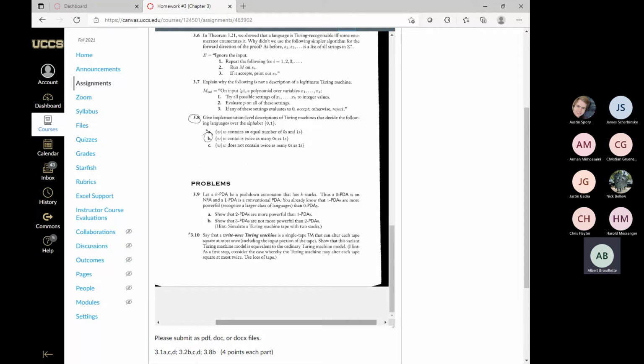You don't have to do that, but you should describe what the initial content of the tape is, and then what your steps are. Do you have pound signs or dollar signs or percent signs or something to show the ends of it, and then give a reasonable description of how you could tell whether W contains twice as many zeros as ones.